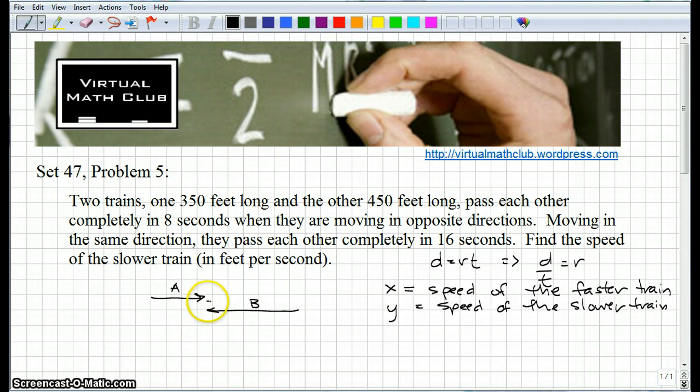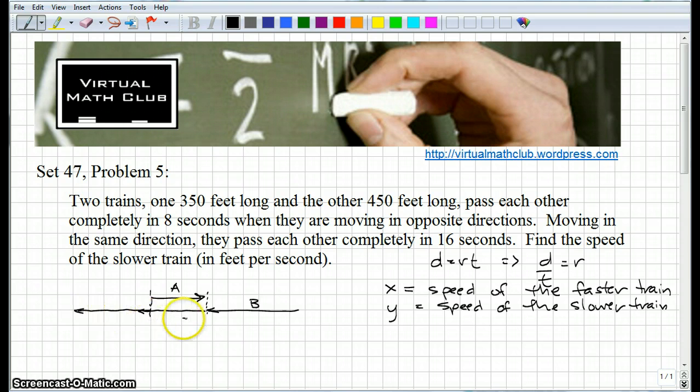It first starts to pass the train at this point, and then it travels along. So here's B again, but it still hasn't completely passed train A until the back end of this train passes the back end of this train. So it won't completely pass the train until it's out here.